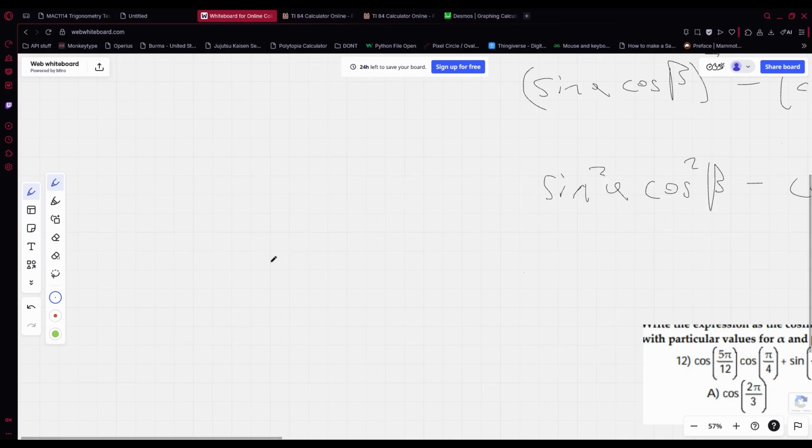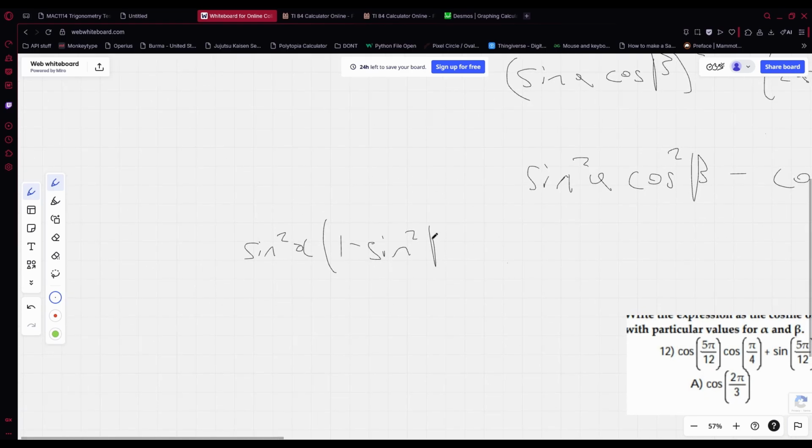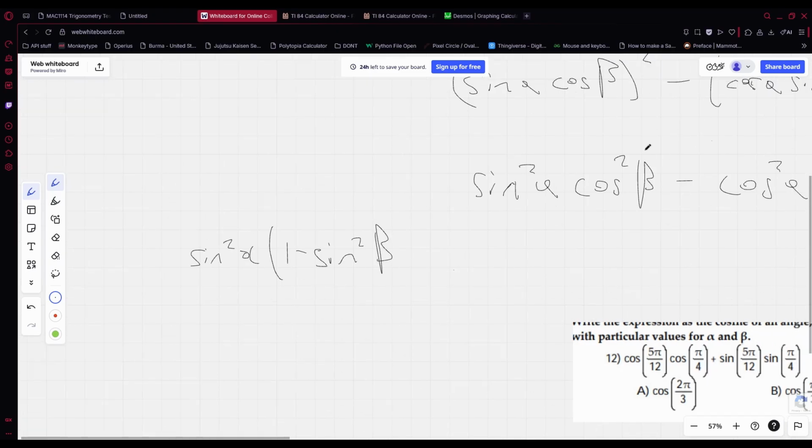So we would end up with sine squared alpha times 1 minus sine squared beta, because we convert cosine squared beta into 1 minus sine squared beta via the Pythagorean identity.